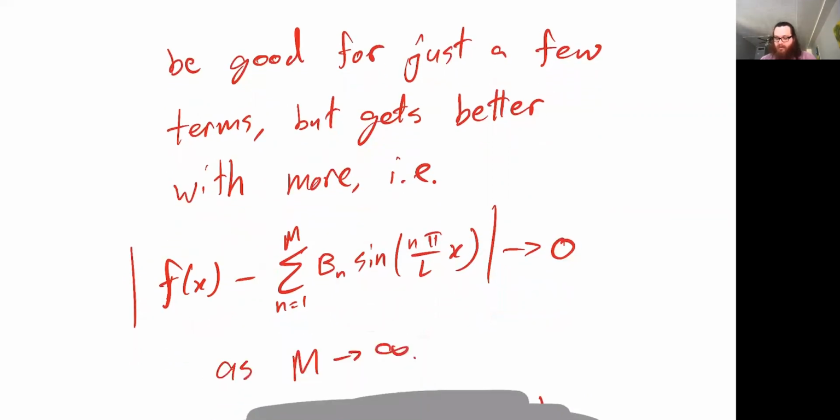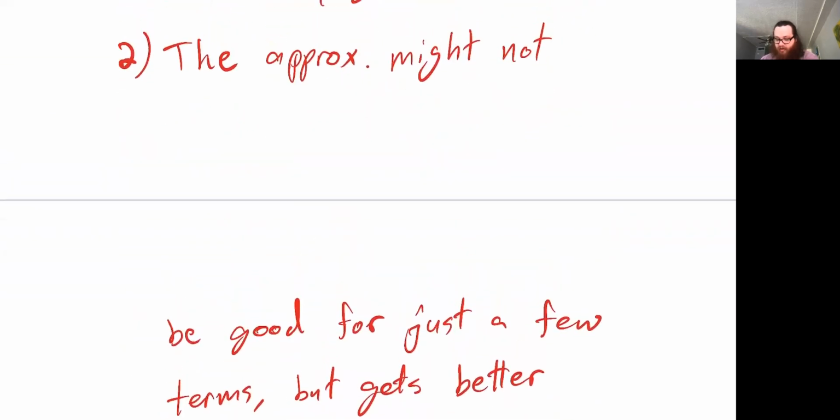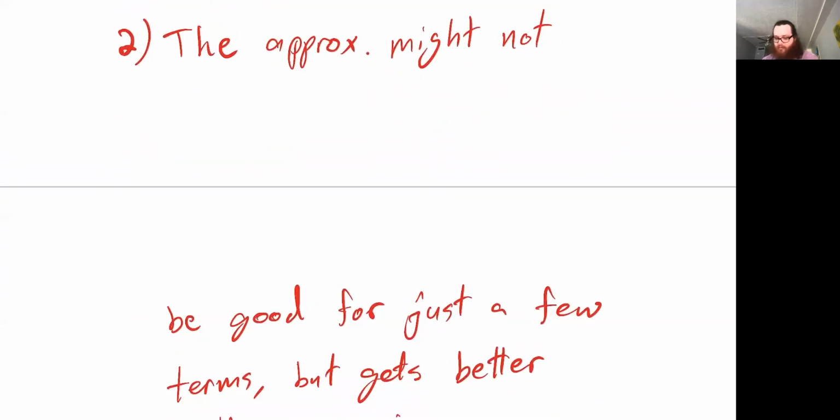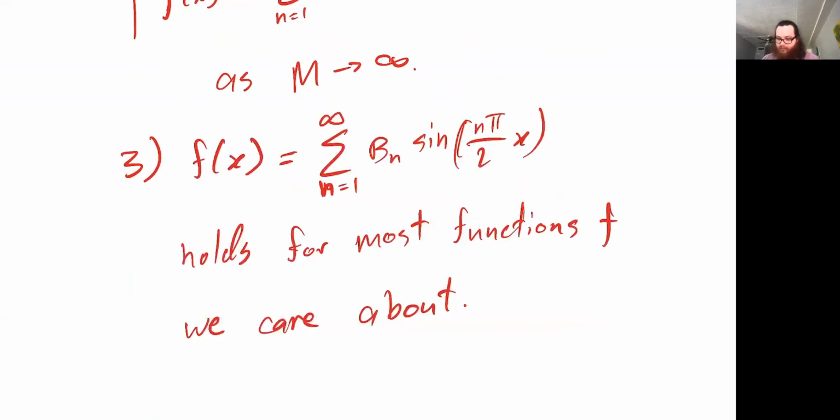We write 0 while we're taking a limit as we add more and more terms in this expansion. So the claim here is that the approximation gets better as you add in more terms. The third claim is, what if you take this limit? What if you were able to evaluate infinitely many terms? Then this function f is going to equal this infinite series, again for nice enough functions or most functions we care about, however you want to state it.